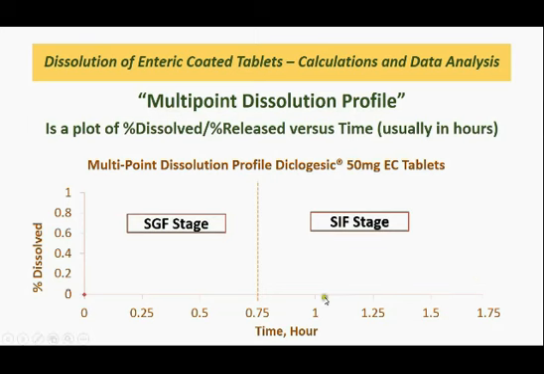To do so, we have to remember that a multi-point dissolution profile is a plot of percent dissolved, also known as percent released, versus time, and usually we use time in hours, as you can see in the figure.